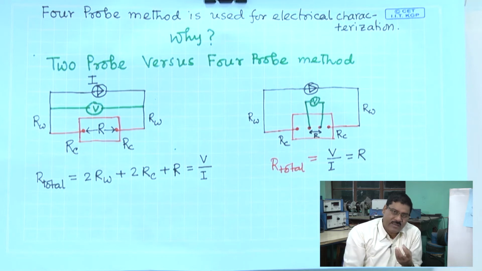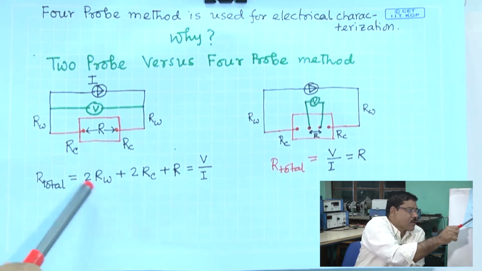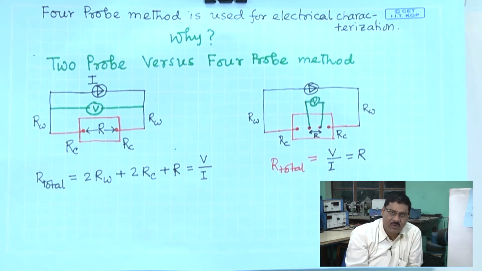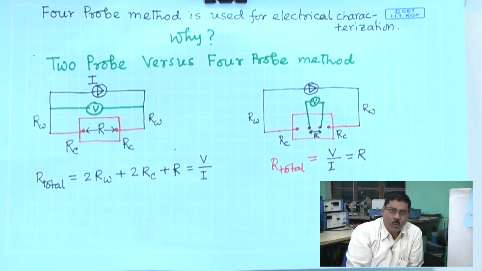Now, when the sample resistance is very high, this contact resistance and wire resistance may be negligible, so in that case one can use the two probe method.